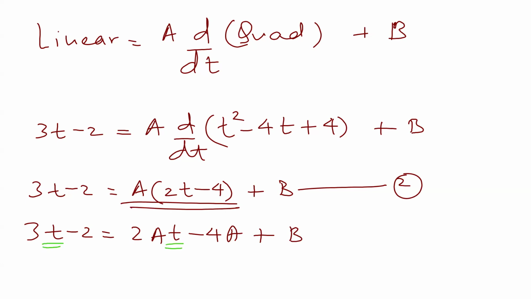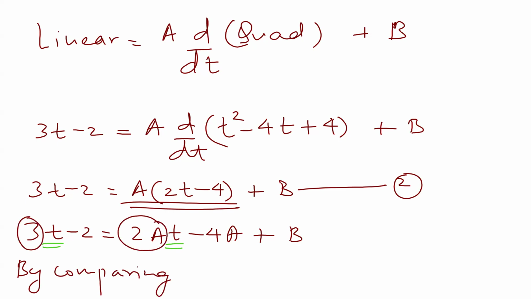Now I will compare the t terms and non-t terms. By comparing the t terms, the coefficient of t is 3 and the coefficient of t is 2a. So 3 is equal to 2a. This gives me a is equal to 3 by 2.